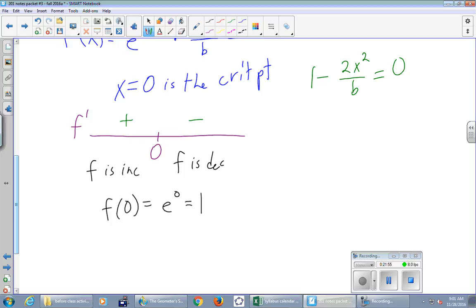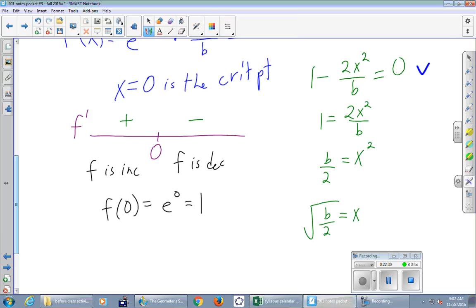All right, so I'm going to add that fraction to both sides. I like my things to be positive if I can make them positive. We're going to multiply both sides by b over 2, and then take the square root. How many solutions does this equation have?